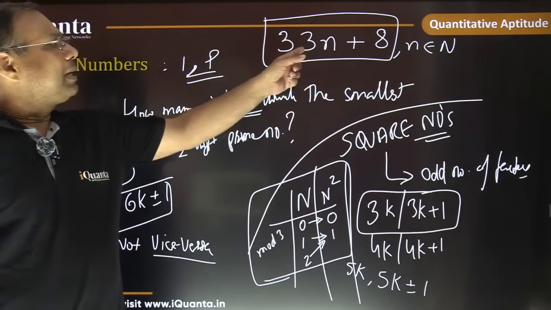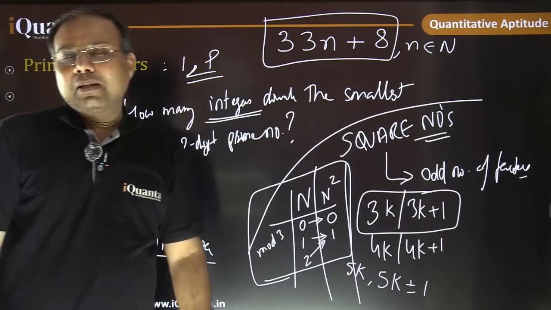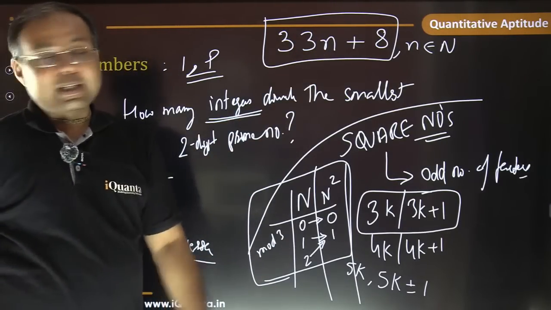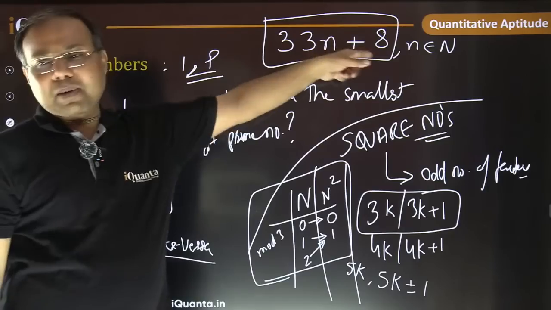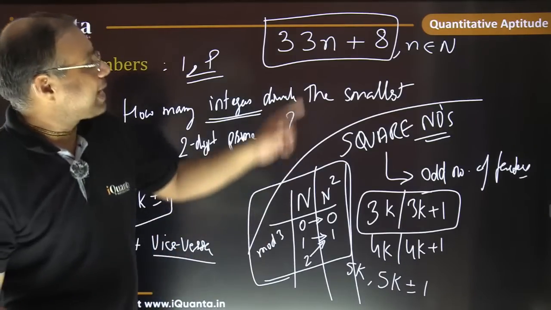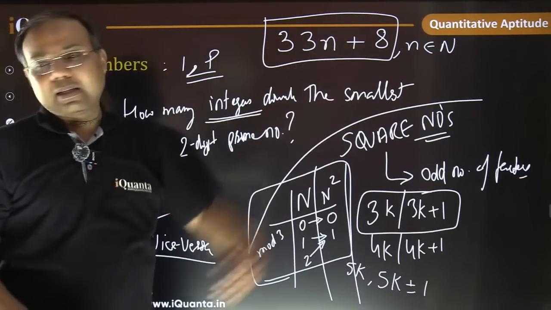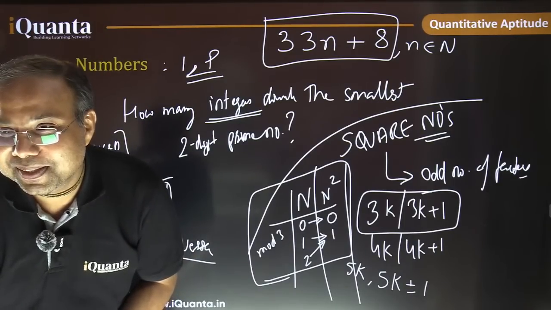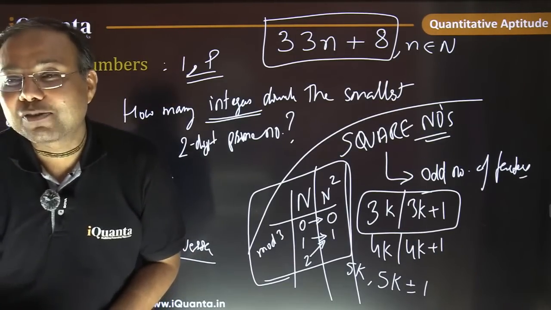If you put 3, तो 33 into n कितना हो गया? 33 into n. This is multiplication. 33 times n, na? So 33 times 3 is 99. 99 plus 8 is 107. It is not a square number. Anirudh, if you take n equals to 1, so 33 plus 8 is 41. It's not a perfect square.